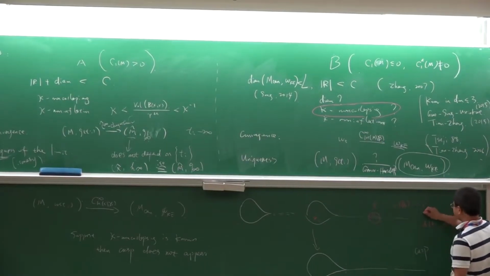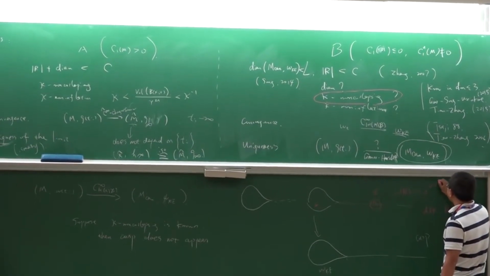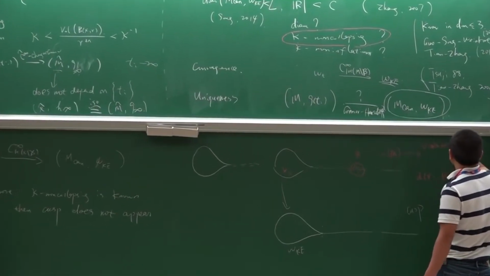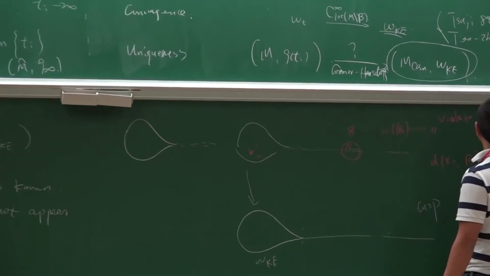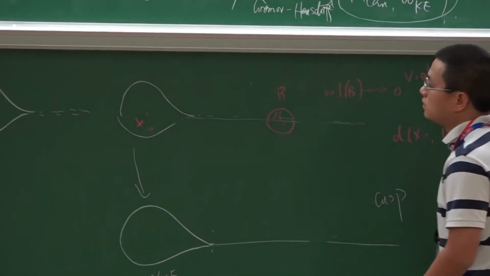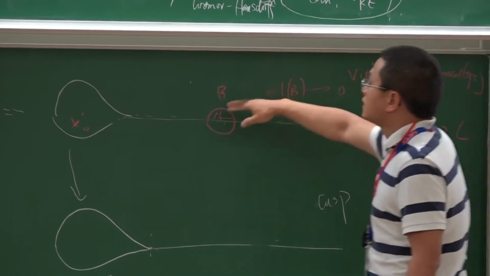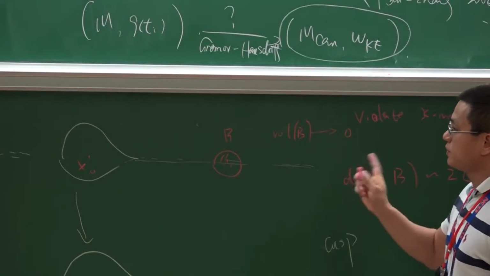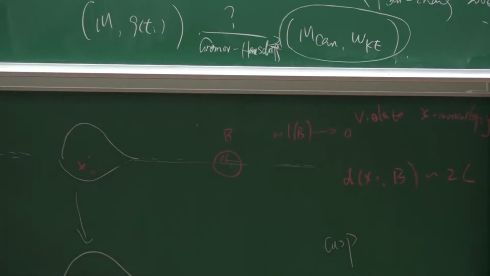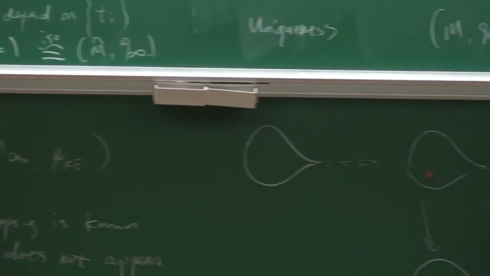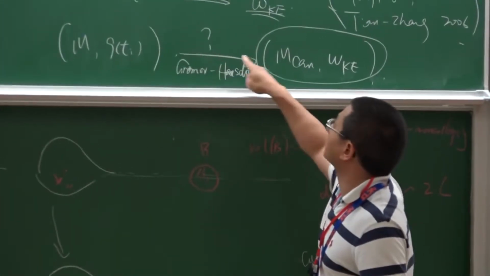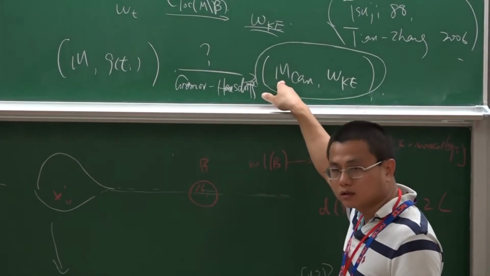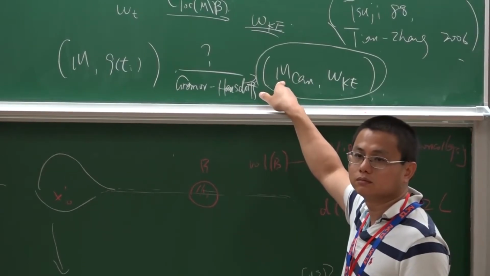So this will violate the kappa non-collapsing. Using this argument, by refining it, you will see that if you have this kappa non-collapsing proved, then this convergence actually will behave in the Gromov-Hausdorff topology.